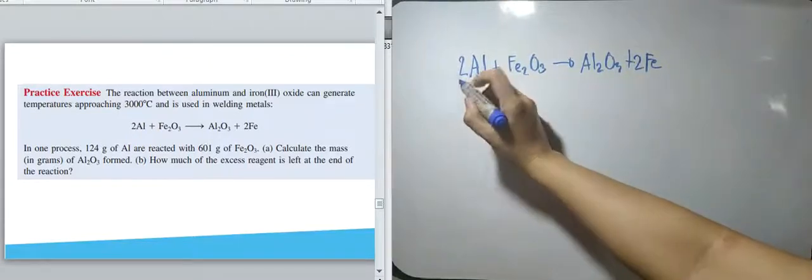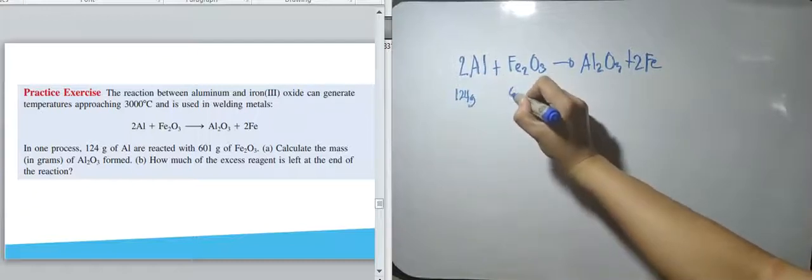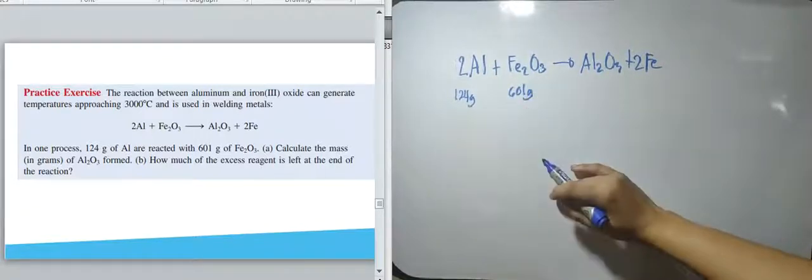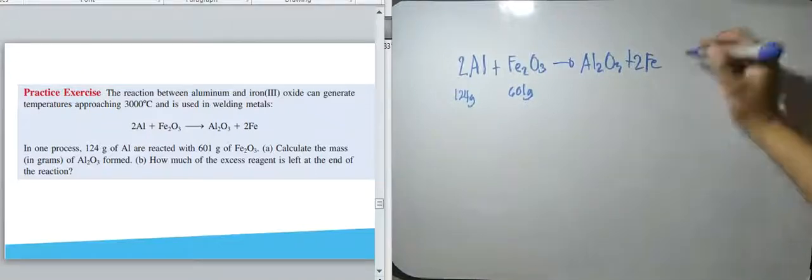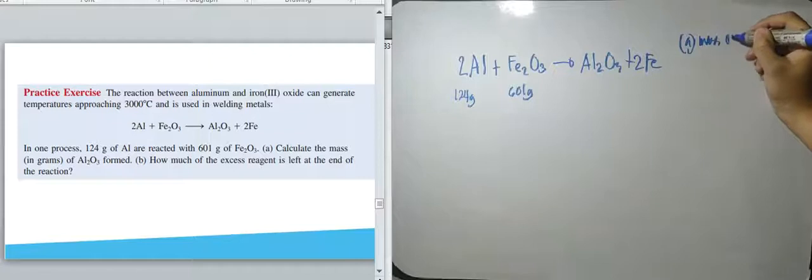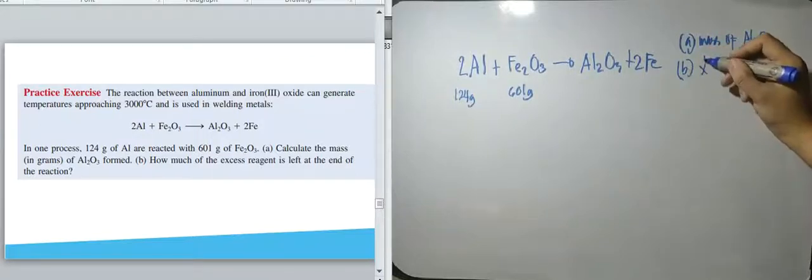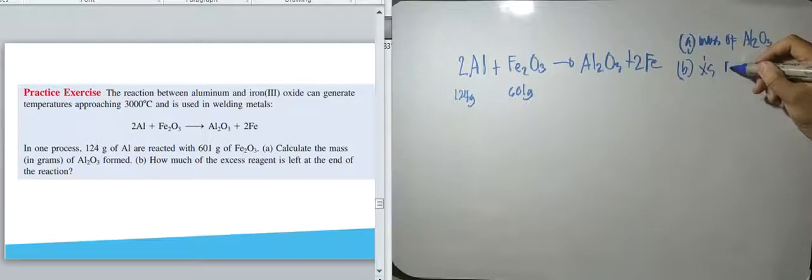The question is A, calculate the mass of aluminum oxide formed, and B, how much of the excess reagent is left.